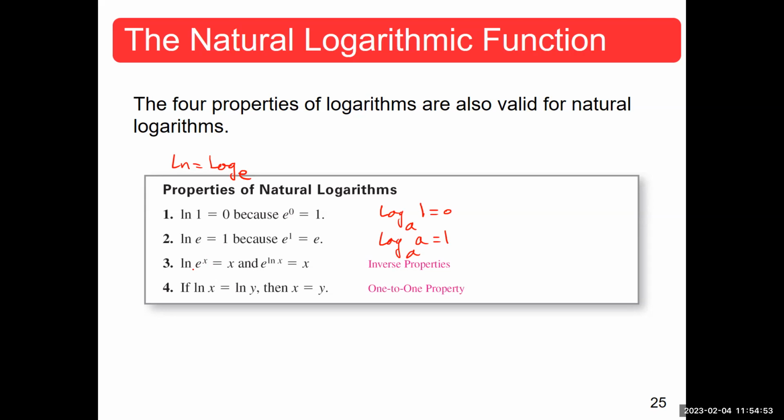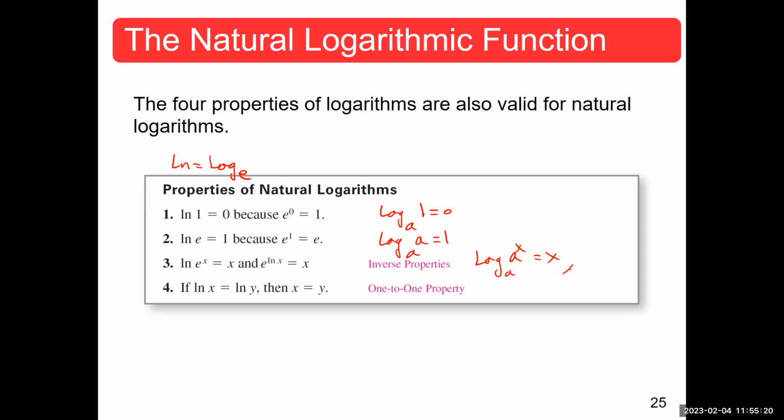Now, if I say natural log of e to the power x, that equals x. And that was, what was it? Log base a of a to the power x equals x. That's called the inverse property. At the same time, we have e to the power ln x equals x.